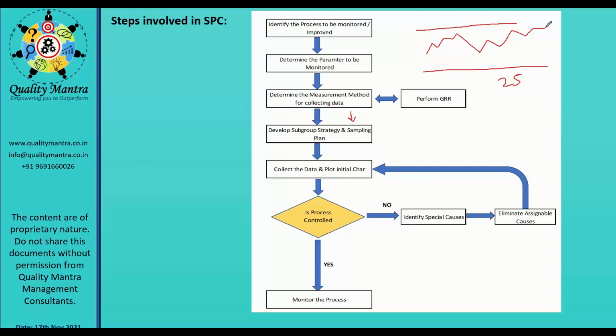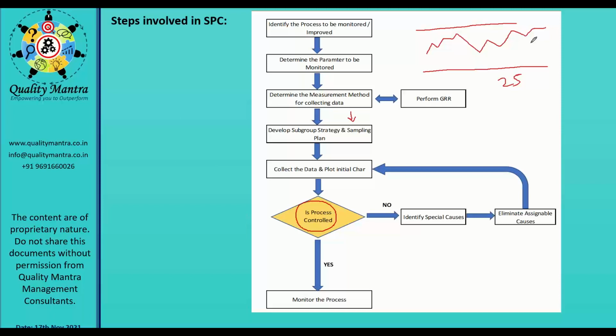Now once you plot the initial control chart, what are you going to do? You need to check, is the process in control? Because the purpose of the initial control chart is to check whether the process is in control or not. So how will you find out whether the process is in control from the initial control chart?